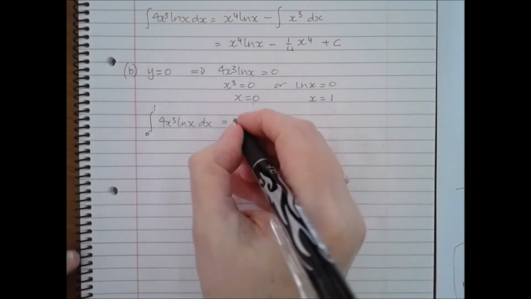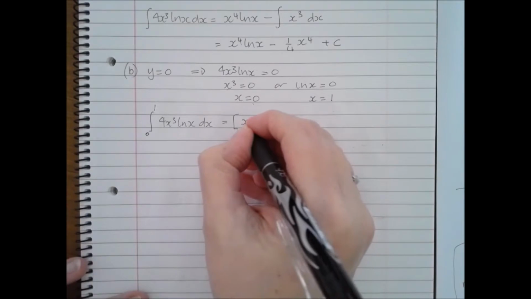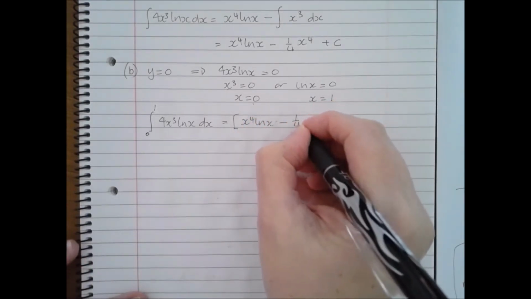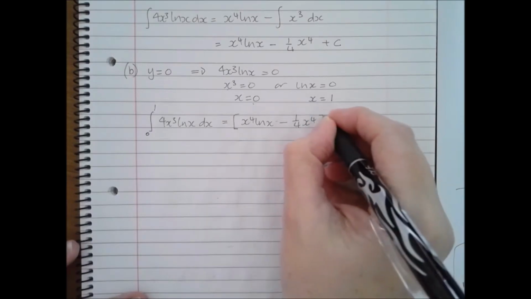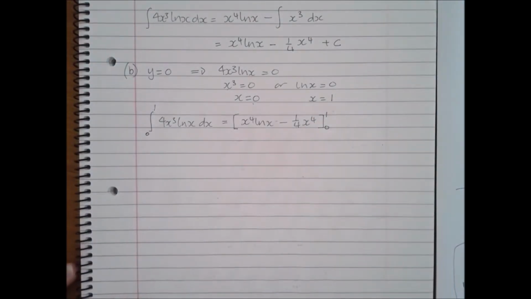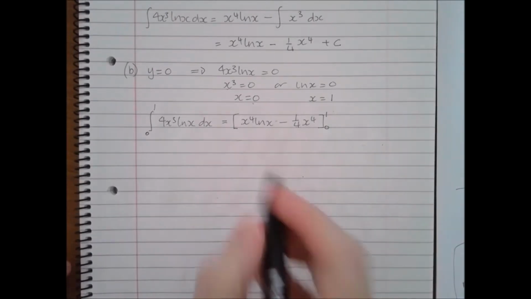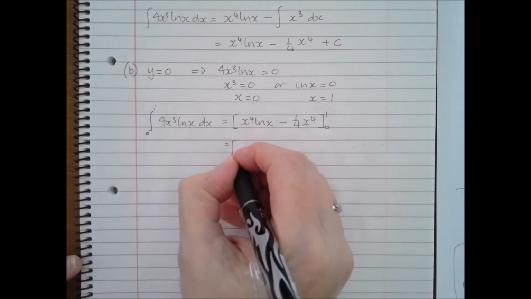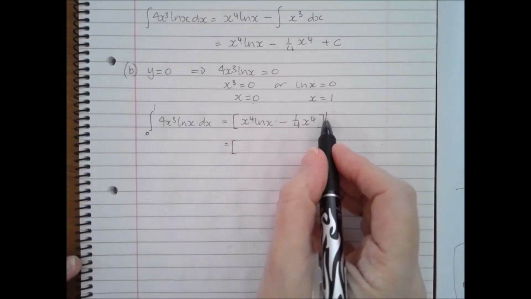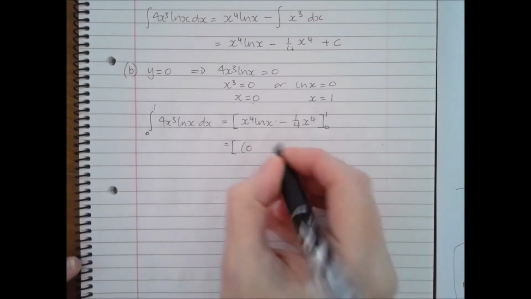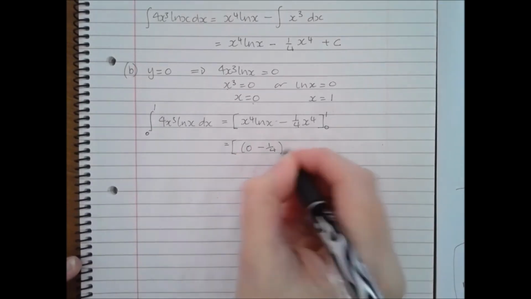So we know the answer to this is going to be x to the 4 natural log of x minus a quarter x to the 4. We don't need the c this time because we've got limits of 0 and 1. So if we put 1, then log of 1 is 0, so this first term is 0, and then we get minus a quarter from the second term.